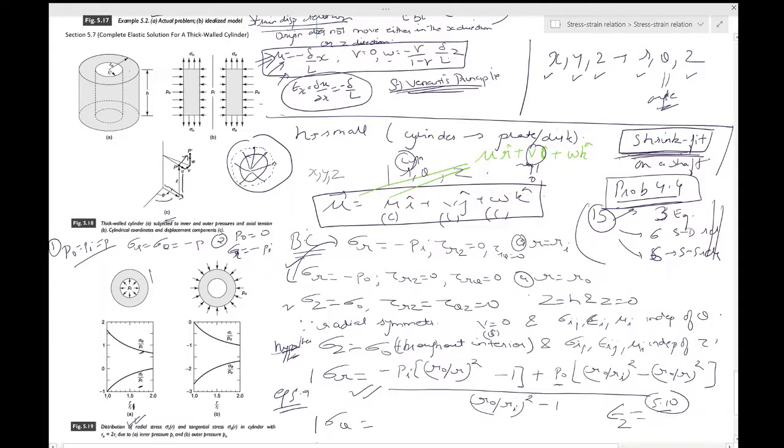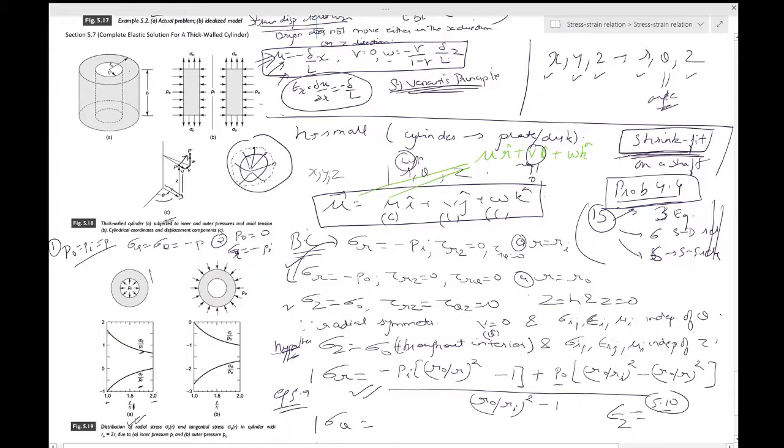So that's the first case, and you see that from the inner boundary to a place which is two times the radius, it seems this is the outer boundary.